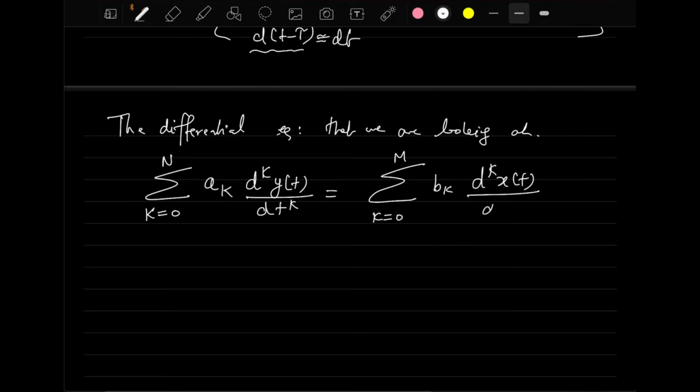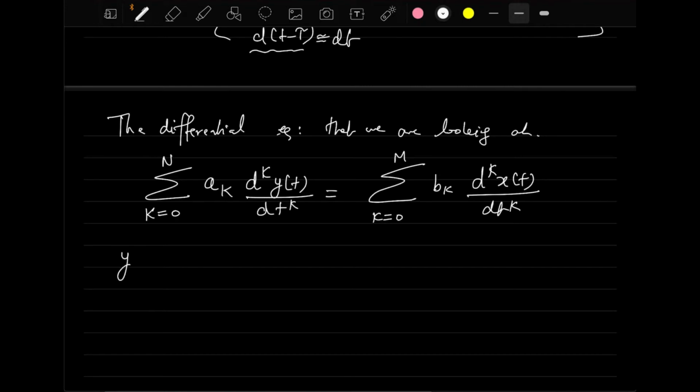So once we have this, in order for this particular equation to represent a linear differential equation, what we have to do is constrain the initial states, the initial conditions, to 0. So what are they?